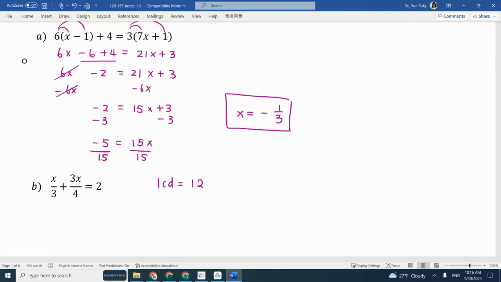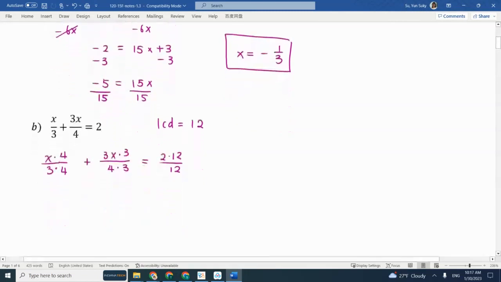Each term has 12 at the bottom first? Okay. So first term, what do we multiply? 4. Okay. And second term, what do we multiply? 3. Okay, right hand side, what do we multiply? 12. So make all the terms have the common denominator, right? Same denominator. All right.